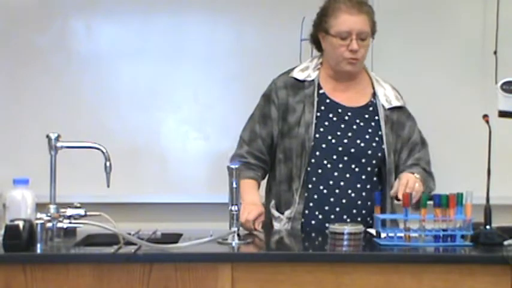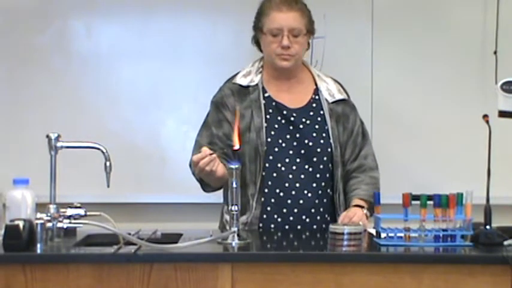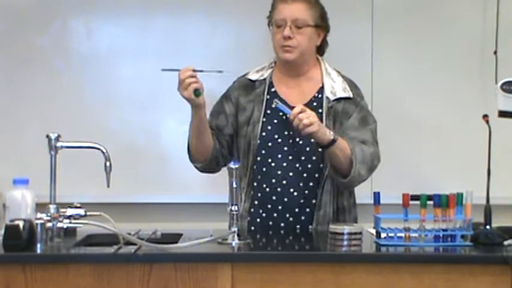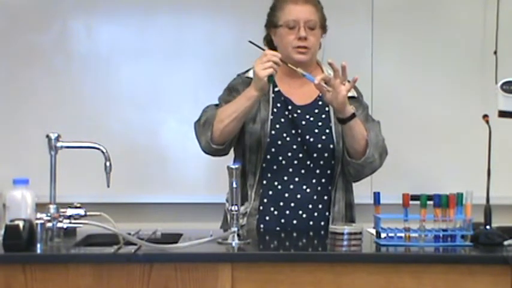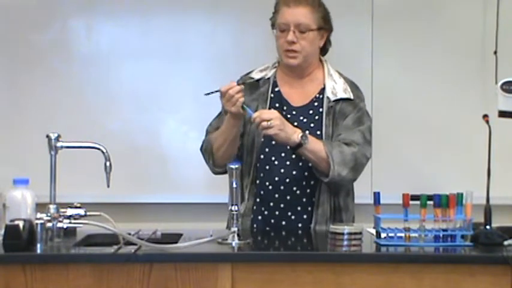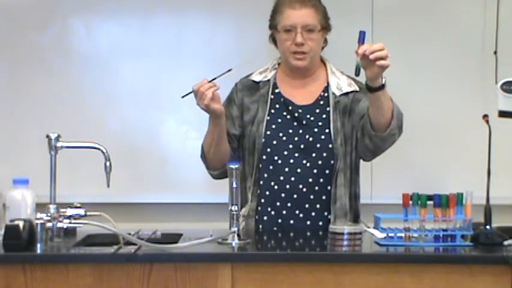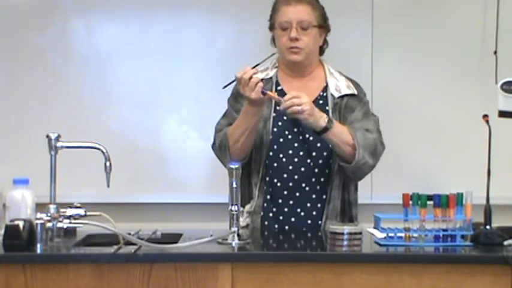Okay, so first you're going to go ahead and take your inoculating loop, sterilize it, pick up your unknown, flame the top, cool your loop, get a loop full of bacteria, flame the top, go down, pick up your Simmons citrate agar slant. Okay, remove the top.